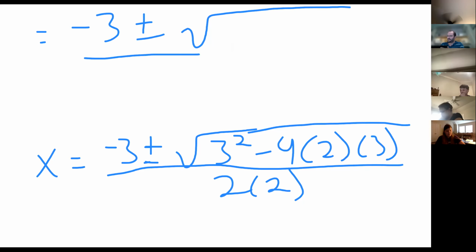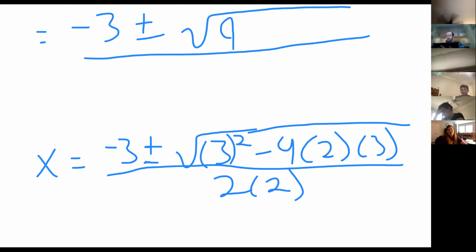And if I'm looking at things underneath that radical and I want to clean them up, the first thing I'm looking at is that guy right there, right? So what is that exponent going to be? 9. Yes.